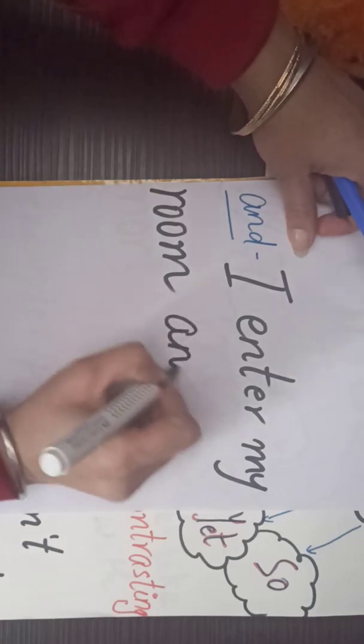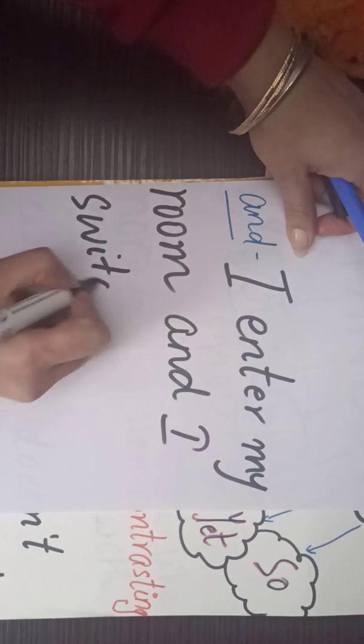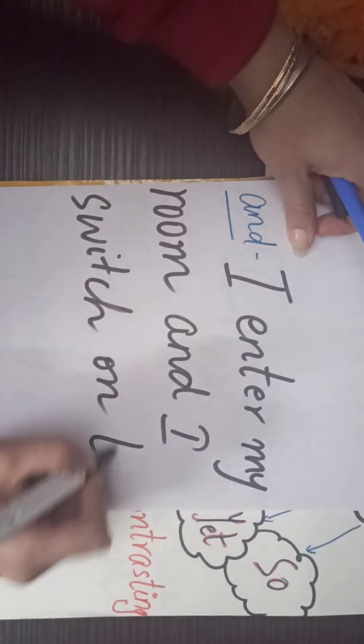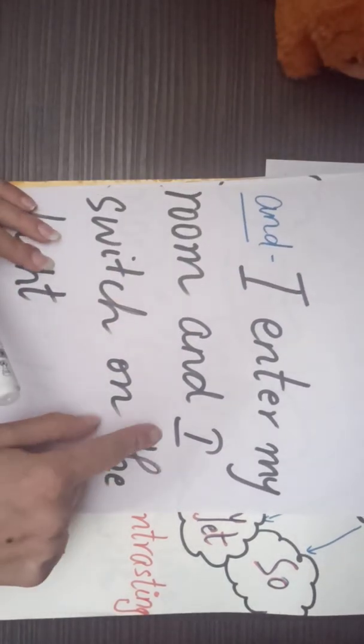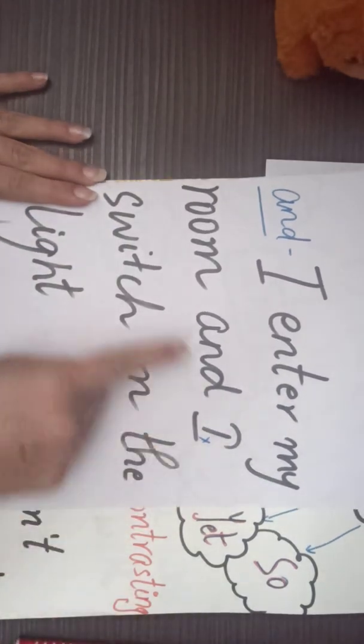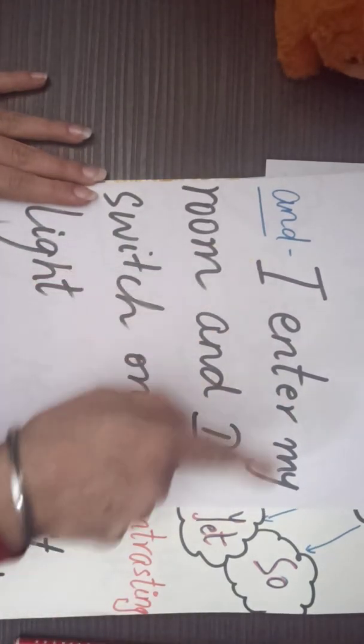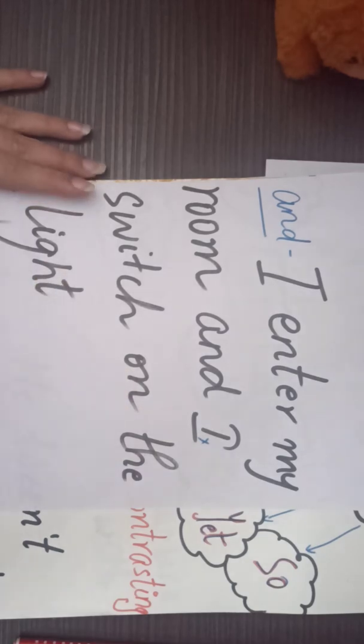And I switch on the light. Now here, it is not mandatory that I write I again. I can remove it also. Both ways it is correct. So I enter my room and switch on the light. I enter my room and I switch on the light.